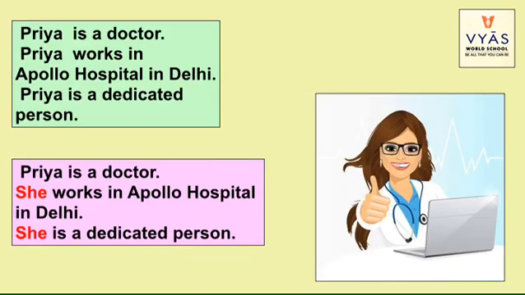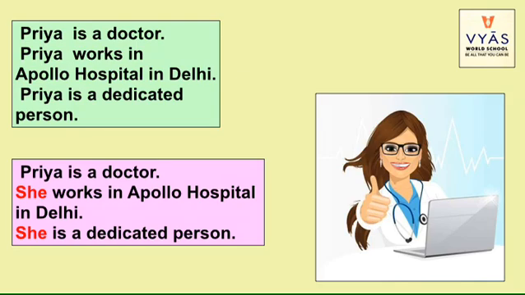Look at the sentences given on your screen. Priya is a doctor. Priya works in Apollo Hospital in Delhi. Priya is a dedicated person. So here Priya is a noun that is repeating again and again in the sentences. Now we can write these sentences as: Priya is a doctor.